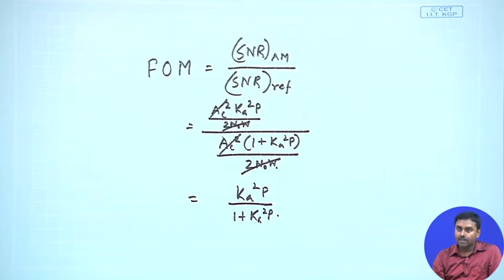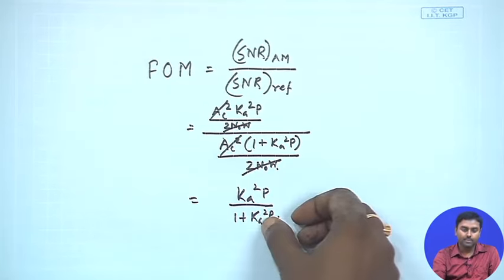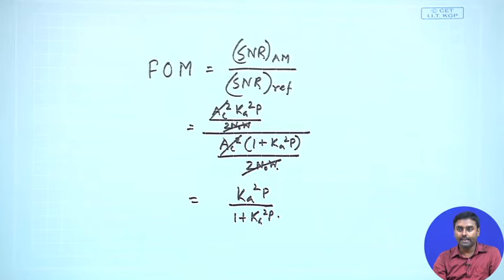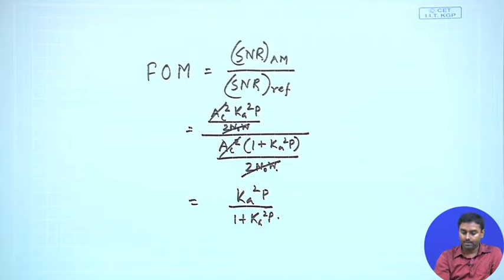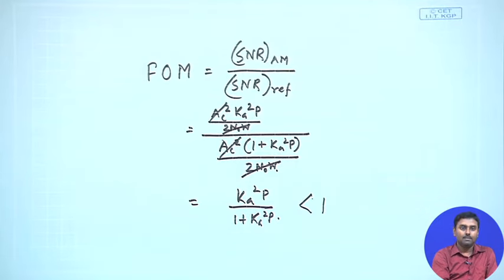which is for sure less than 1, because I already have K_a square P and I have something added to it. So, definitely the figure of merit of this one is less than 1. Okay, so what does that mean?